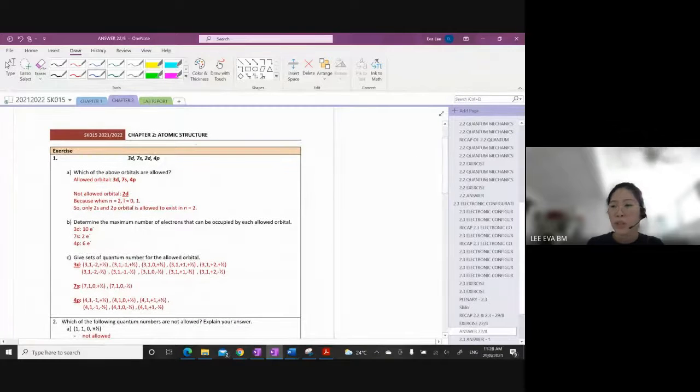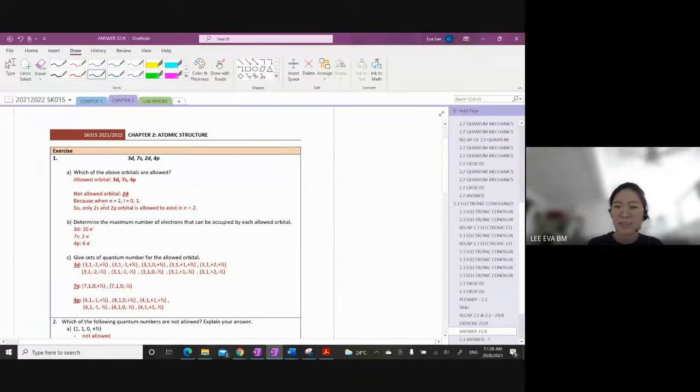Okay, so for question number 1, which of the orbitals are allowed? And the allowed ones are 3D, 7s, 4p. Alright, the only one that is not allowed is our 2D. So bila awak nak tulis awak punya reason, okay, you need to list out the possible values. So like before we practice, right, when n equals 2, what is the possible value of L?